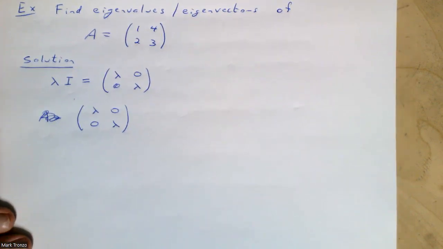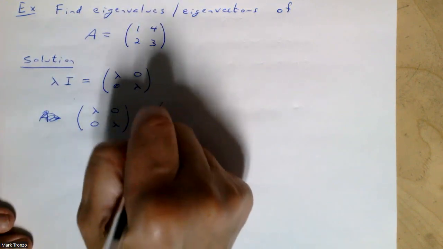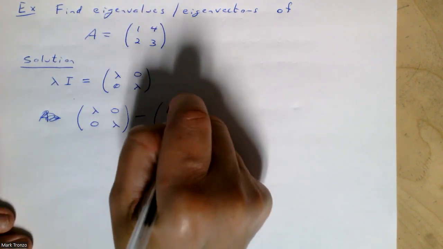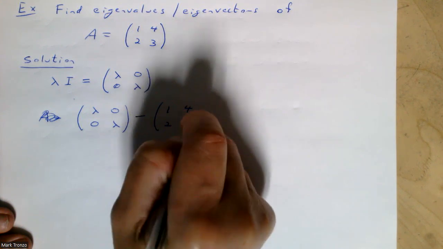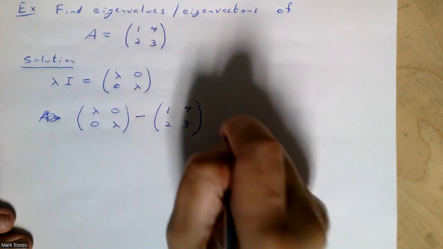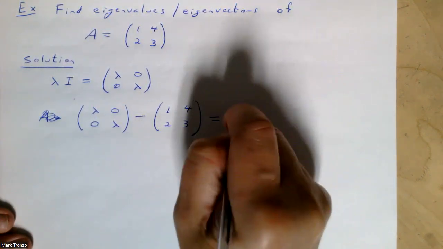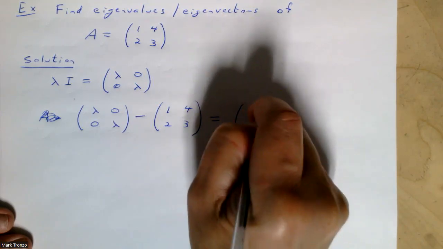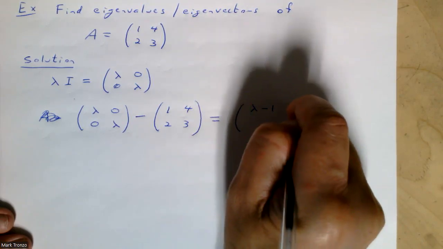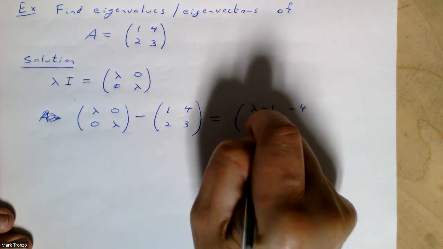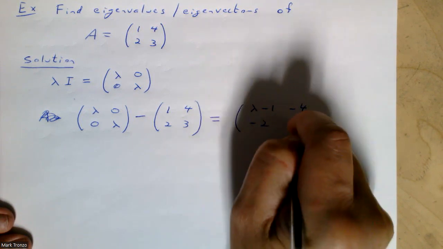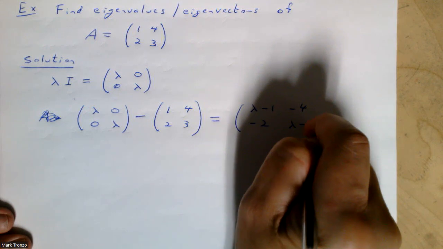You could multiply this out, minus 1, 4, 2, 3, like this. So this is going to be lambda minus 1, minus 4, minus 2, lambda minus 3.